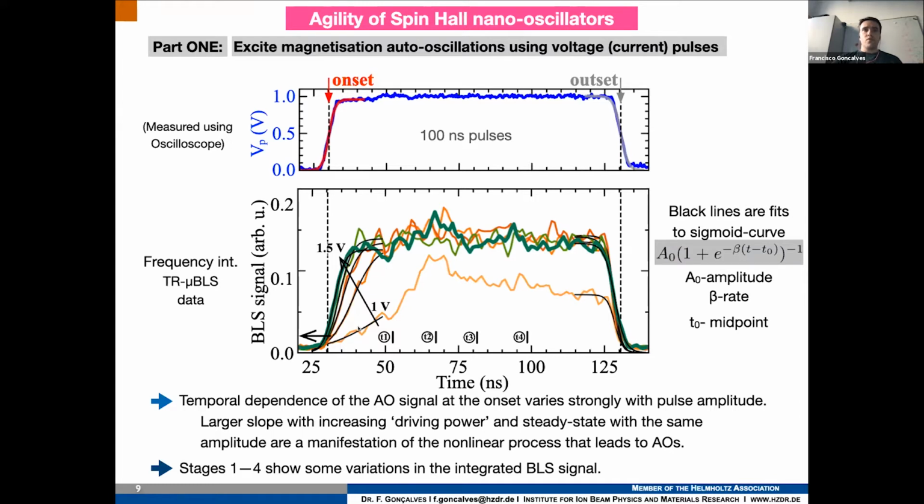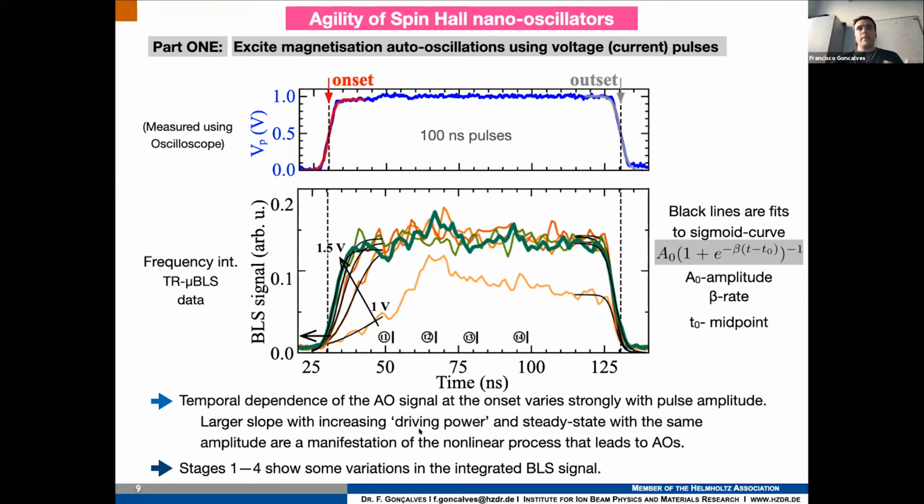What I would like to point out here is that after fitting each one of these data sets with sigmoid curves, where we could look at interesting parameters such as the amplitude, the growth rate, and the midpoint, we understood that for increasing voltages, we see an increase in the growth rate of this auto-oscillation profile. Basically, as we increase the driving power, this rate goes up.